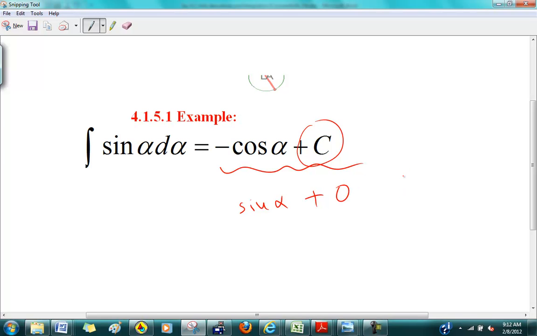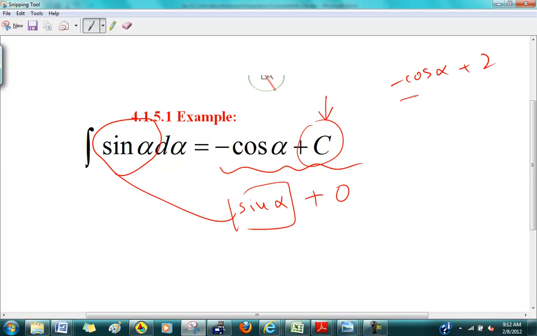That's why you need this, because if you differentiate this, your answer is this integrand here. So, for example, your answer could have been minus cosine alpha plus 2. If you differentiate this, you still get the same integrand. If it was minus cosine alpha minus 10, you still get the same thing. So your answer is a family of answers, and later on, we'll learn how to figure out how to find that constant in some cases.